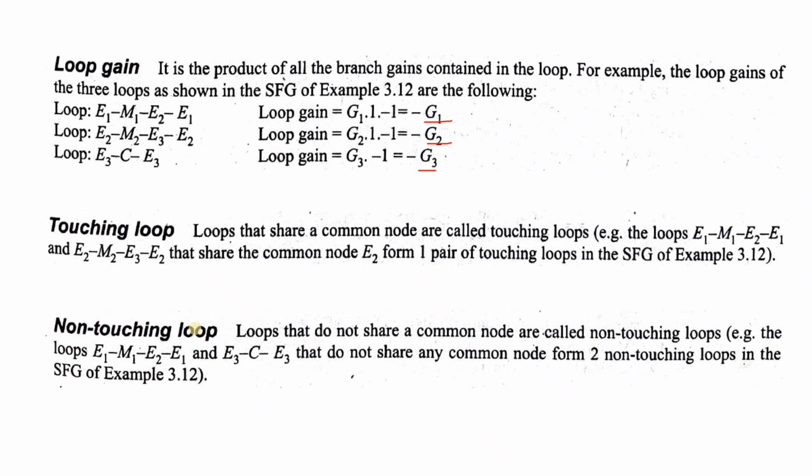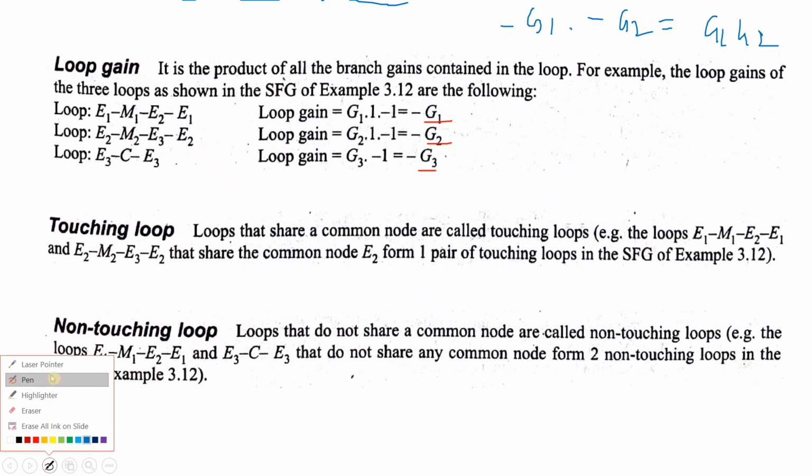So there is a concept of touching loop and a concept of non-touching loop, and for these also you have to calculate the gain. What is the gain of the touching loop? Loop 1 and loop 2 are touching, so if loop 1 has a gain of -G1 and loop 2 has a gain of -G2, we just multiply them, it will be G1 G2. That is the gain of the touching loop. And the gain of the non-touching loop is G1 G3.